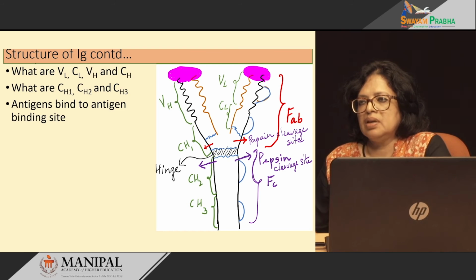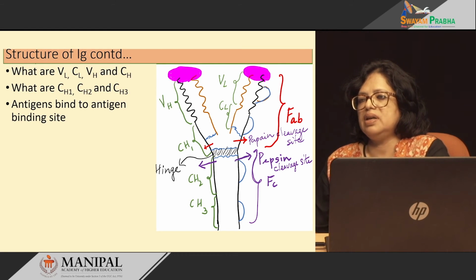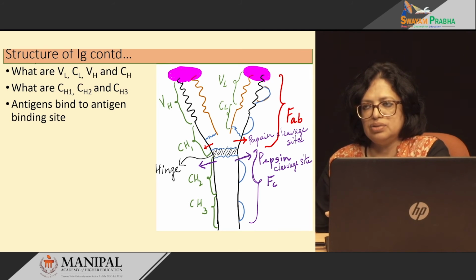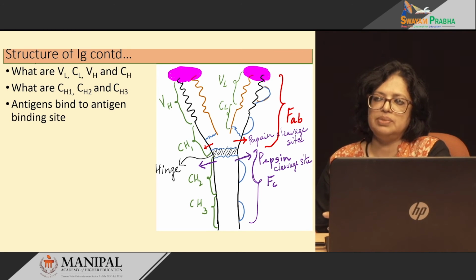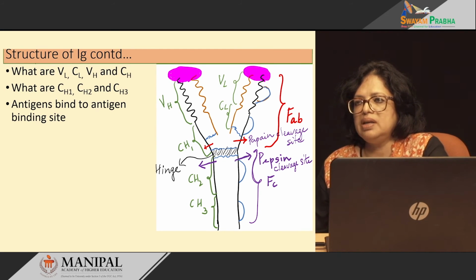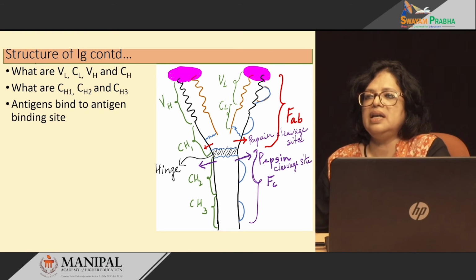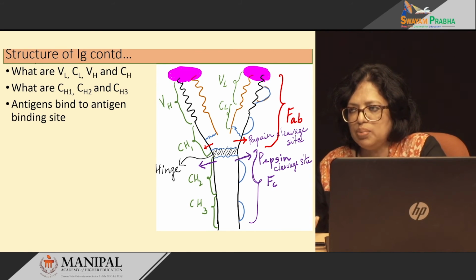So, where do the antigens bind? The whole purpose of having immunoglobulins in blood is to bind to antigens which might have been contributed by any virus or bacteria. So, the immunoglobulin will bind to the antigen at regions which are indicated in purple globules.